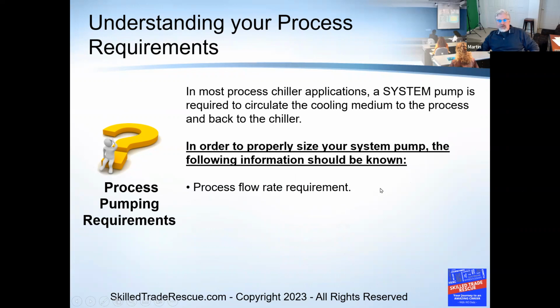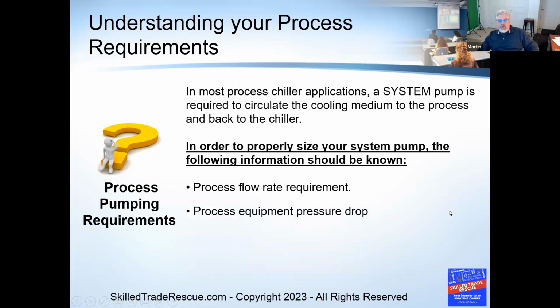If it's a manufactured piece of equipment, like a CT scanner or a digital IC tester or something like that, they'll usually have in their documentation what the flow requirement is in gallons per minute, liters per minute. So that's a really important piece of information.